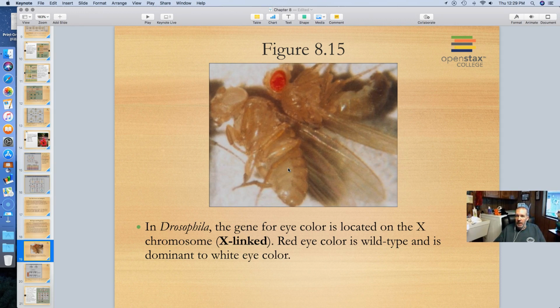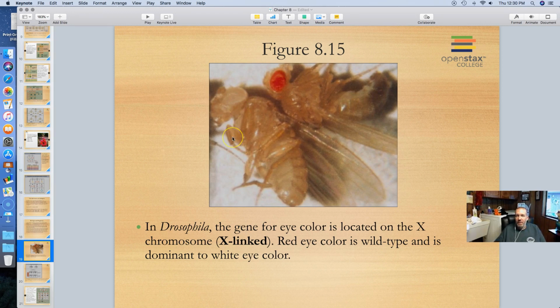One of the things that we can look for in animals, and specifically we use the Drosophila for, is eye color. And that's because in Drosophila, the eye color is actually located on the X chromosome. And that means that it's an X-linked or sex-linked characteristic. Red eye color is the wild type, the normal type, and it's the dominant color to white. So this individual has the dominant red eye, whereas this individual has the recessive eye color.